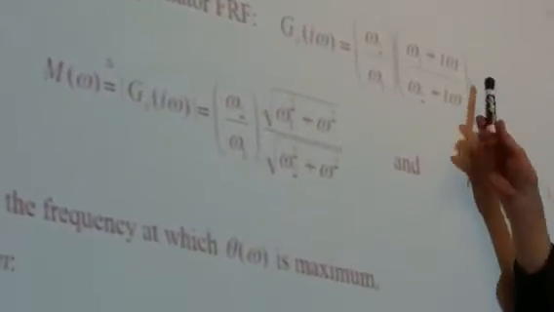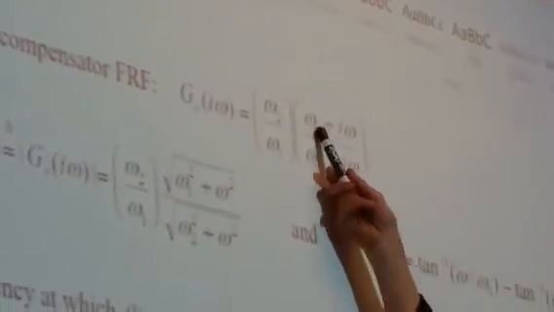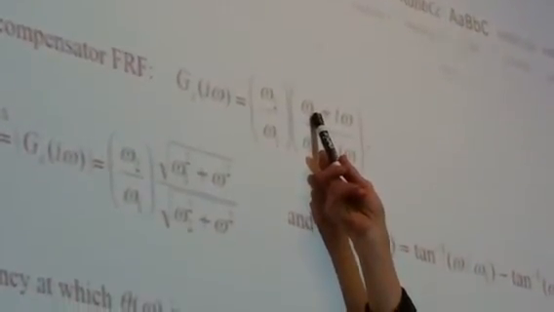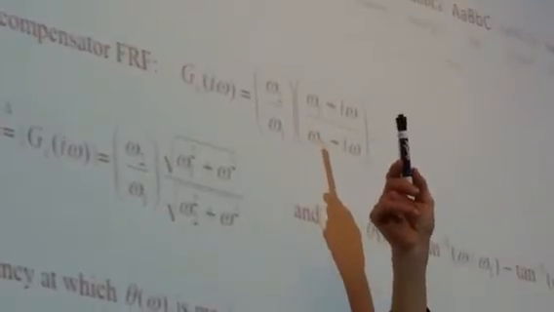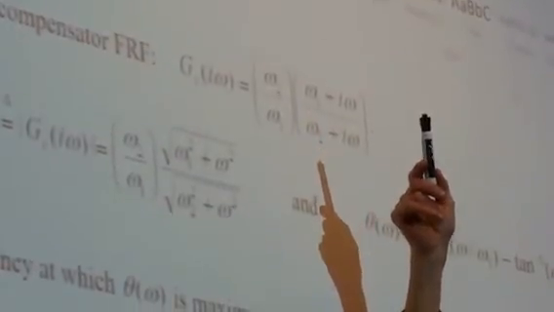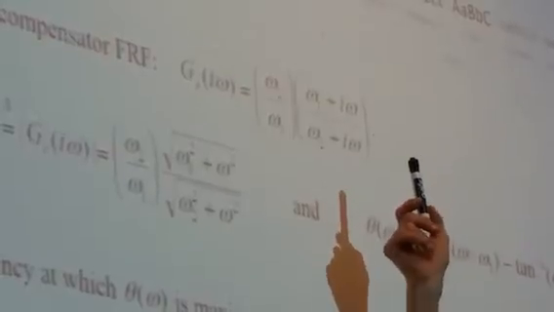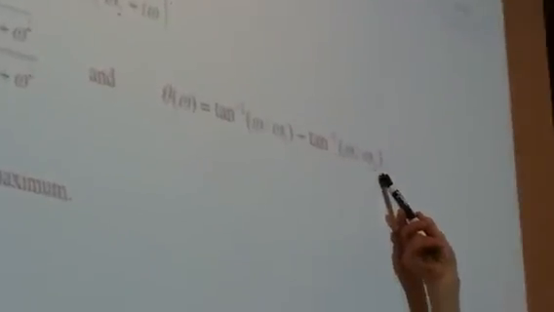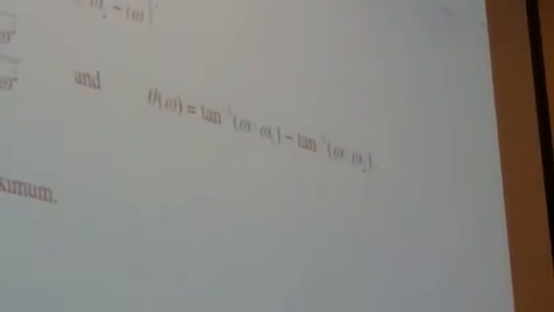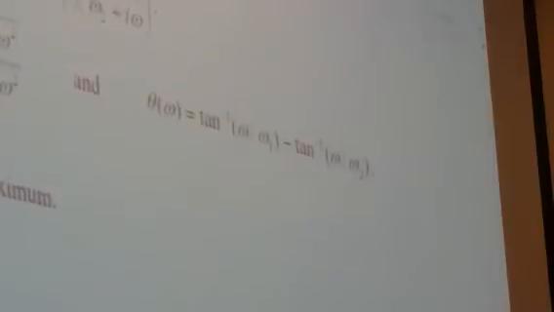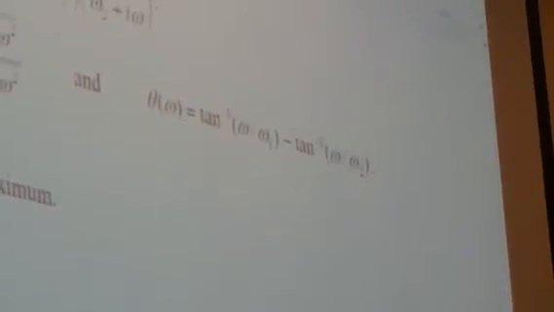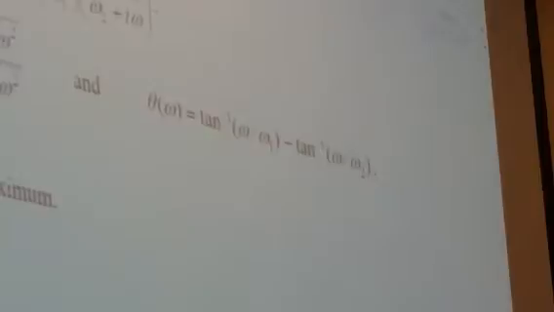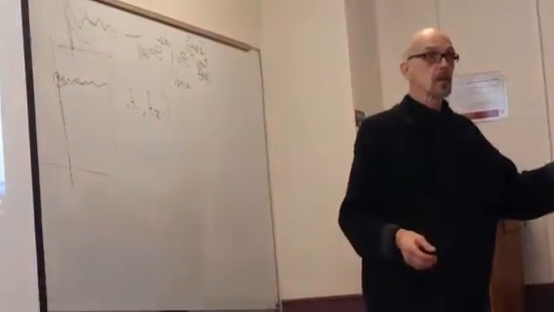We also know that the angle of this thing is the arctan of omega over omega 1. Because when you have a complex number A plus iB, the angle of it is the arctan of B over A. That's just basic treatment. So here's theta. Now what we want to do is find the frequency at which this theta of omega is a maximum, because we need this to design a compensator. What we're going to do is say, I want to put my compensator at this frequency.